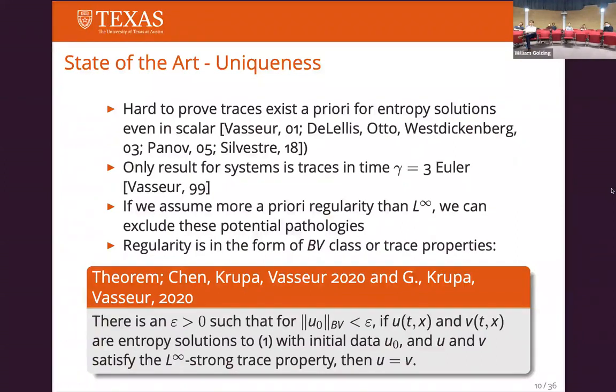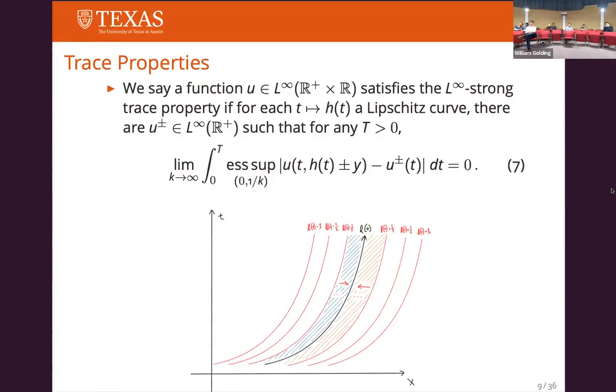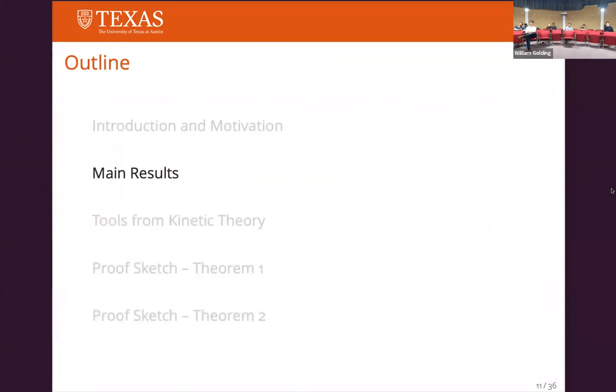And for systems, which are what I'm talking about today, there's exactly one line of work, which is for gamma equals 3 Euler, and it's for traces in time. So instead of lines that go vertically, they should go horizontally, and you get traces there.